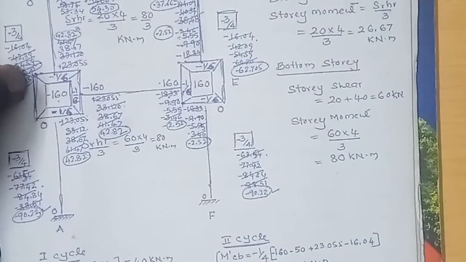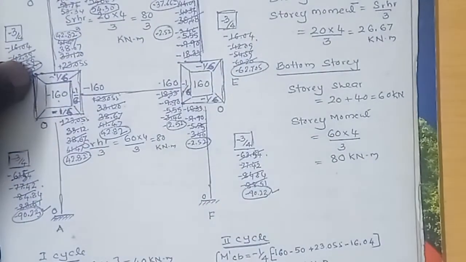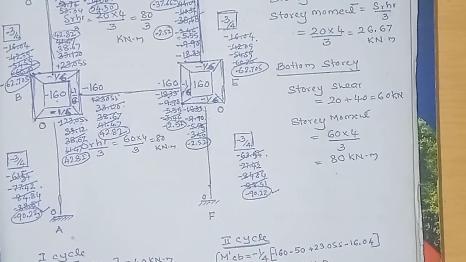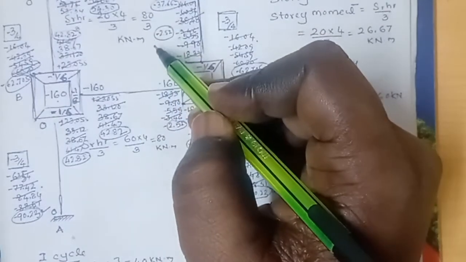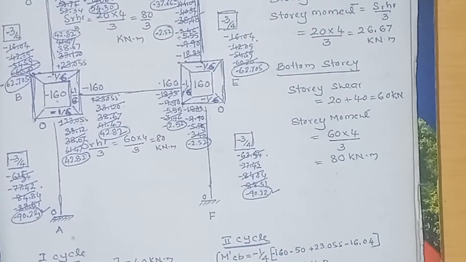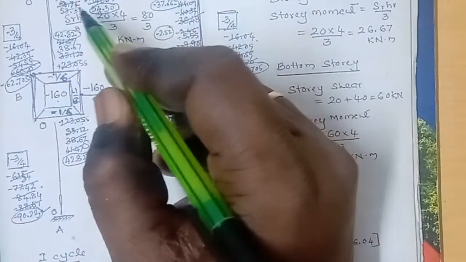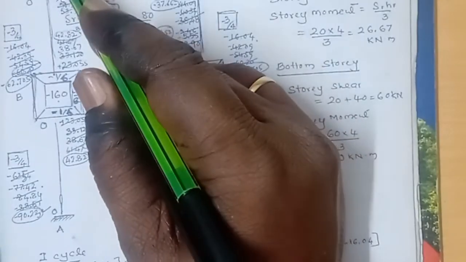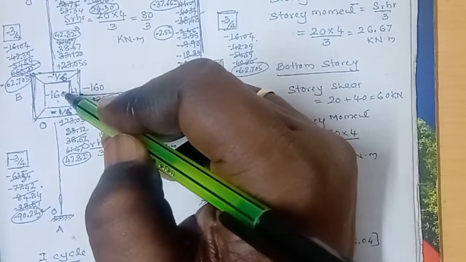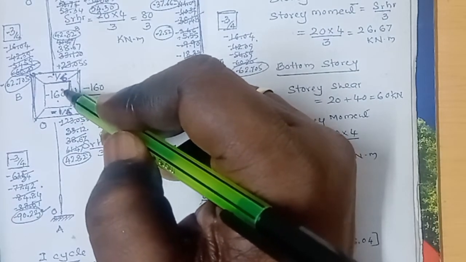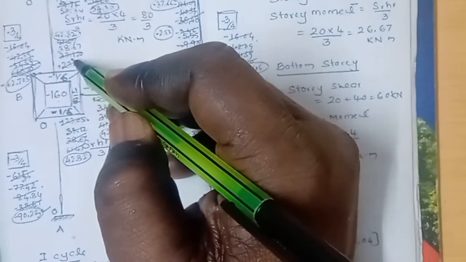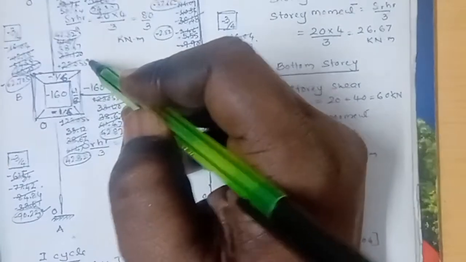Here the displacement factor is minus 3 by 4. The story moment is 80 by 3 plus the contribution from the vertical members, that is 50.73 from c to b, then b to c, that is 33.12.